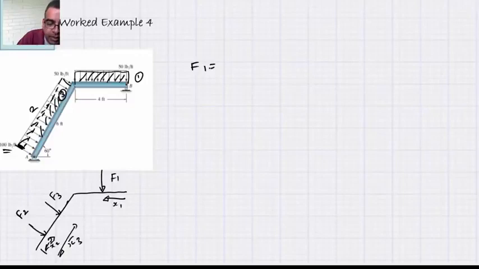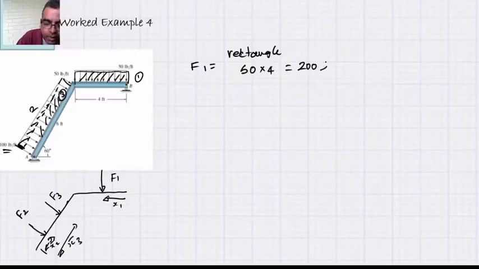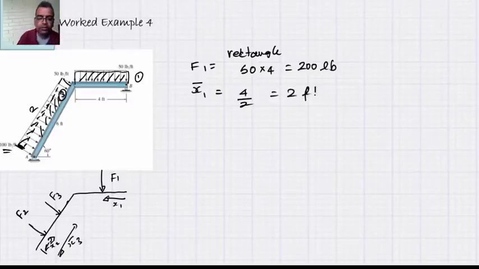That's pretty easy. It's a rectangular load. So it looks like 50 times 4, that is 200 pounds. X bar 1 is 4 over 2, that's 2 feet. So that's pretty easy. That's this guy.